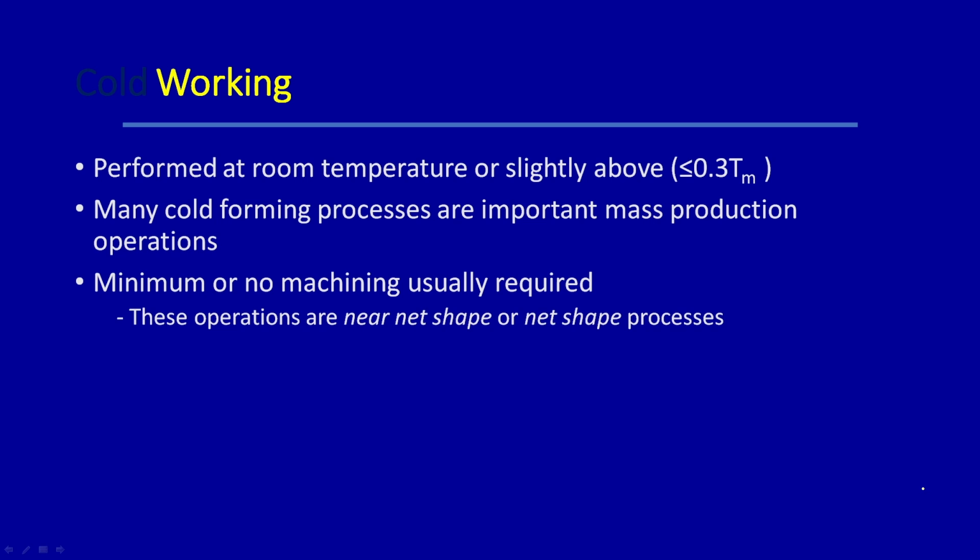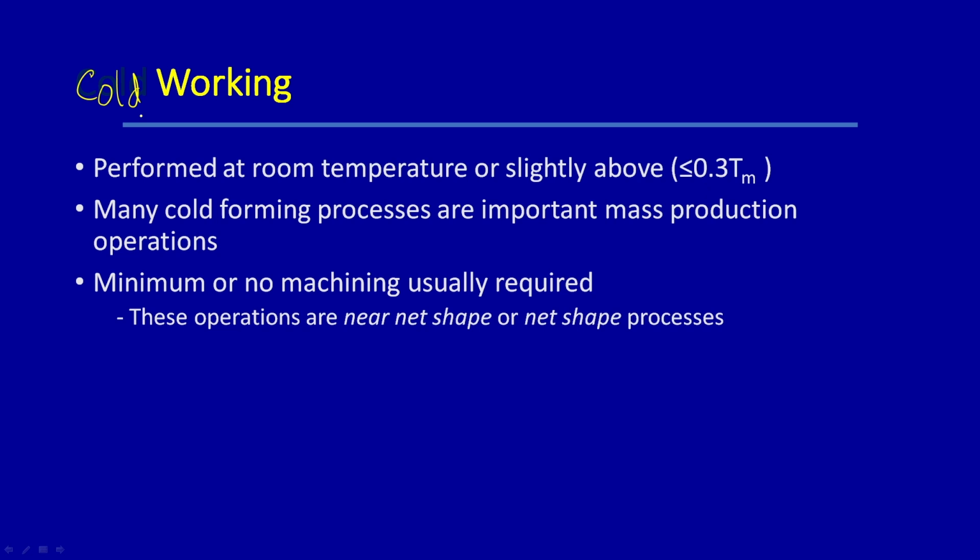And what about cold working? Cold working is performed at temperature slightly above room temperature, but it is between room temperature and 0.3 Tm. Many cold forming processes are important for mass production, like many steels are actually cold worked.